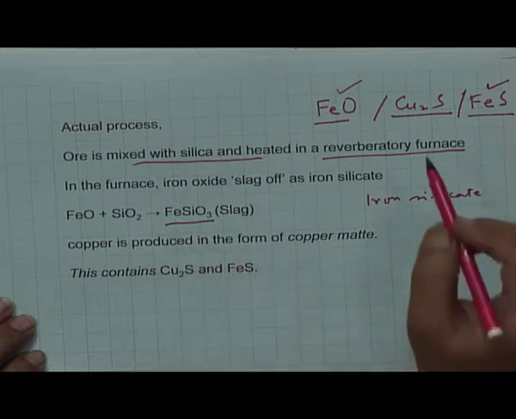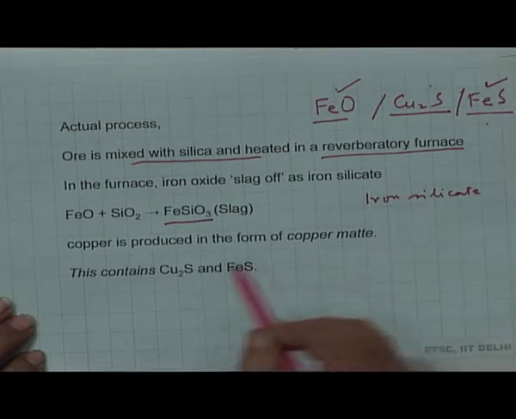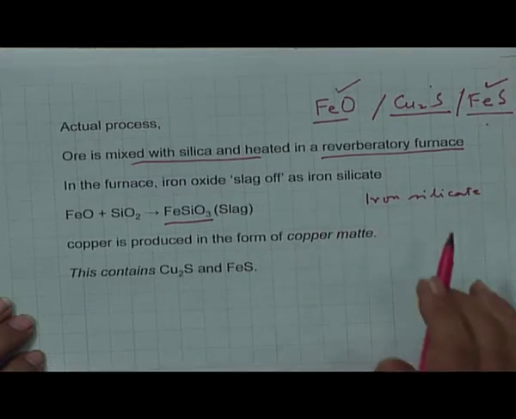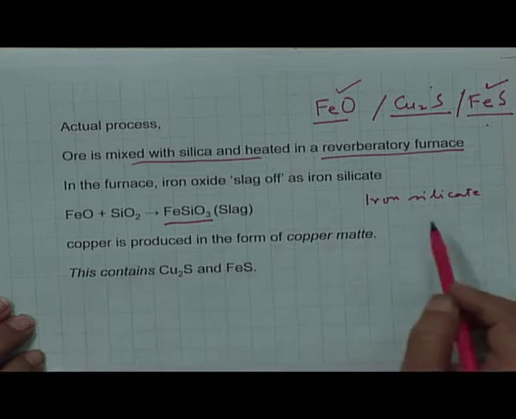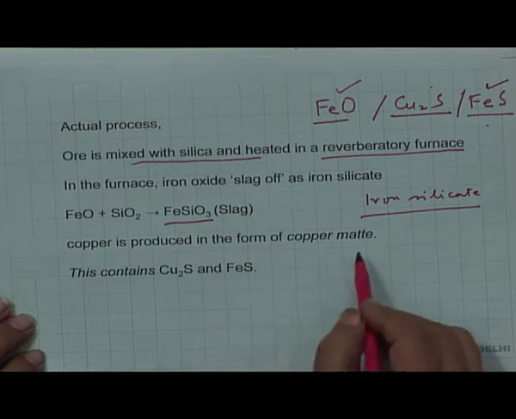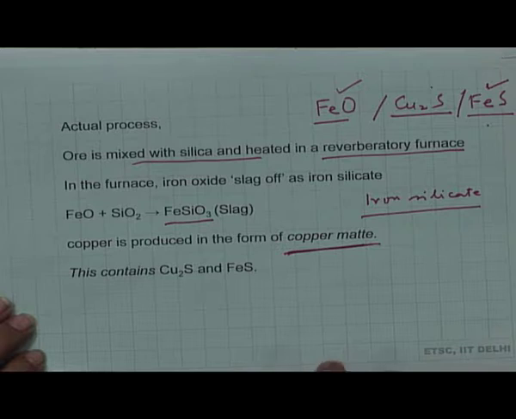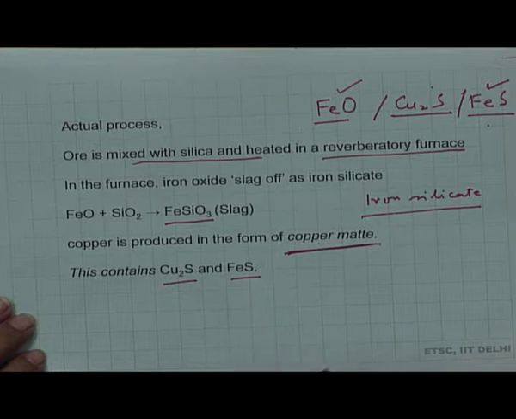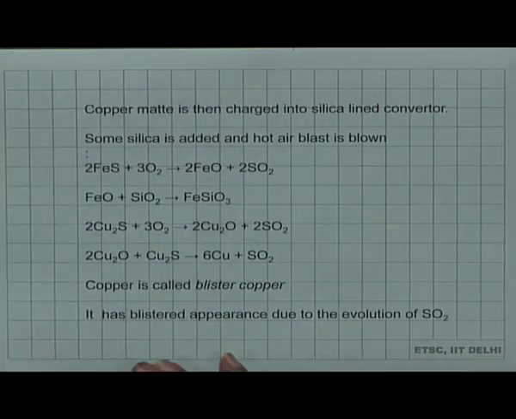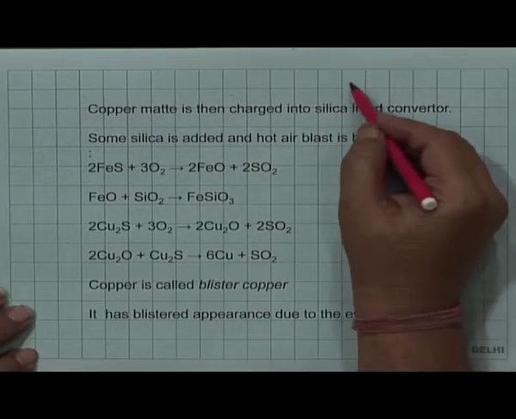Now, what remains is copper sulphide and iron sulphide. The material which we get after the removal of iron as iron silicate, we call it copper matte, and this copper matte contains mainly copper sulphide and iron sulphide. This copper matte is charged with silica. Why do we add silica?